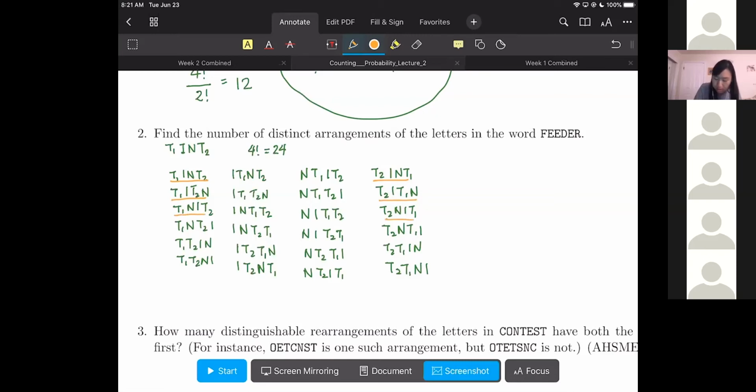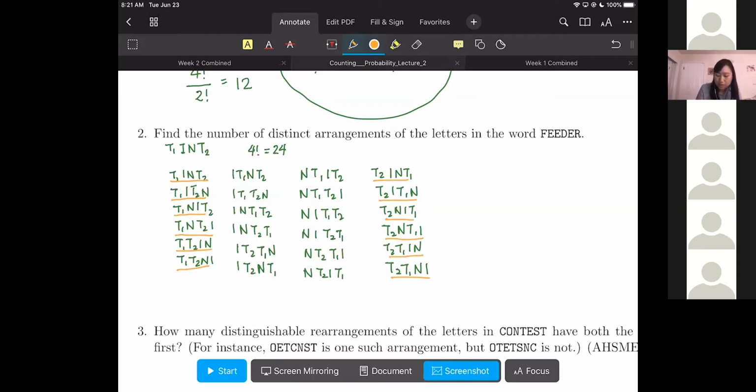TNIT is counted twice here. TNTI is counted twice. TTIN is counted twice. And TTNI is counted twice. And the reason it's counted twice is that for every permutation, we have T1 and T2, and we can always flip where T1 is and T2 is. So that gives us 2.